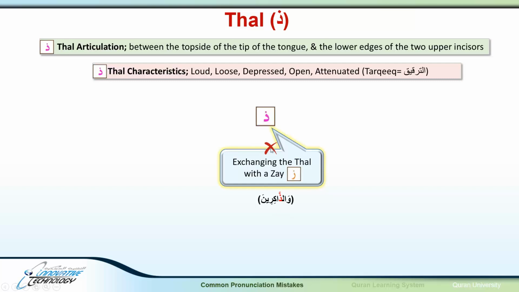They pronounce the dhal as if it is a za. So they'll say وَالزَّاكِرِينَ, which is wrong. The right way of pronouncing it is like this: ذاكرين, not zakirin. So you need to make sure to pronounce the dhal from its right articulation point.